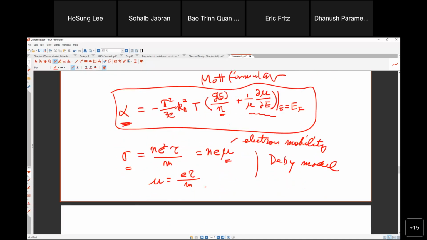I think since n is e mu energy, I would say this is one over mobility density.